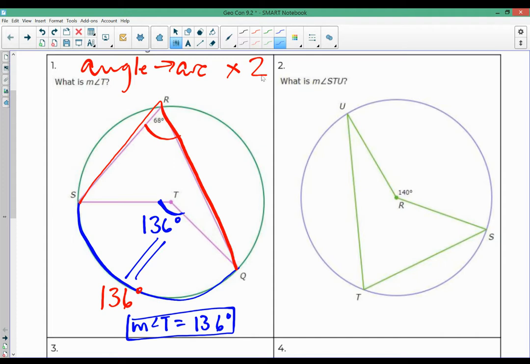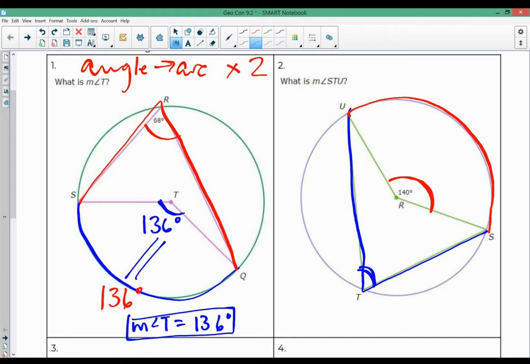All right, let's try this one. What is the measure of angle STU? So angle STU, I'm looking for this angle. And what I'm given is the measure of angle R. If that's 140 degrees, that means that the measure of arc US is also 140 degrees.